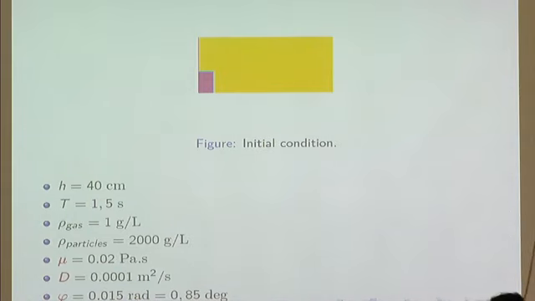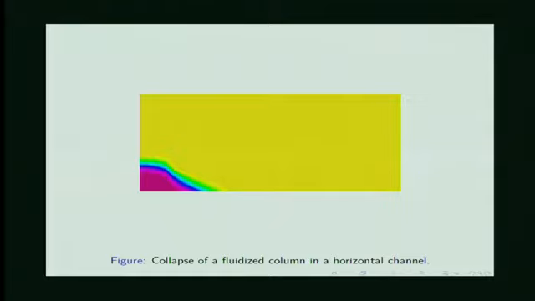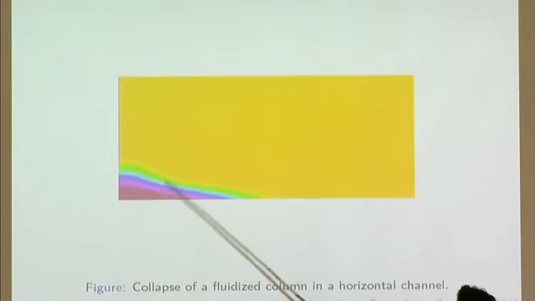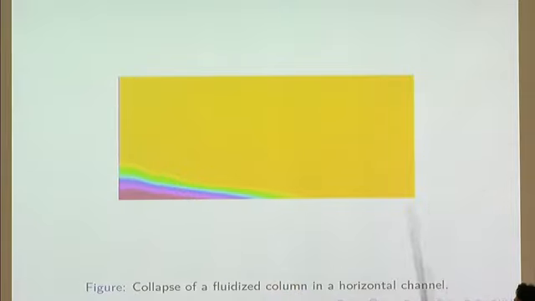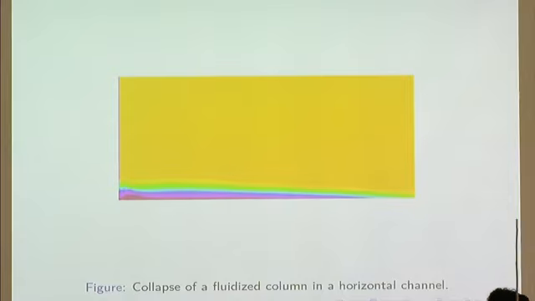So let's have a look at the movie. The behavior looks pretty good at the beginning, but as you can see, there is a problem here at the interface, which is very big, and then the flow is quite good, but a little bit too long.